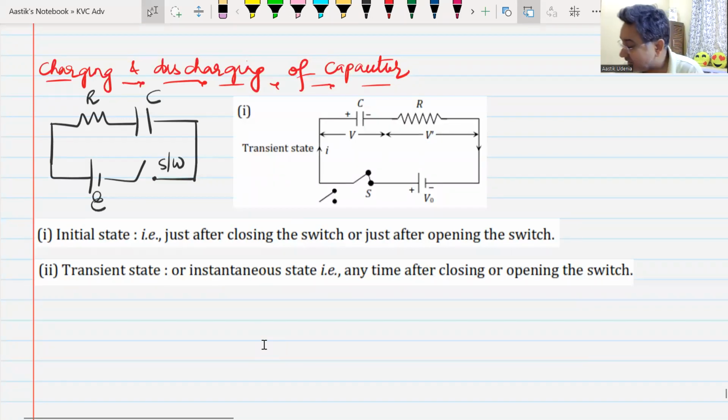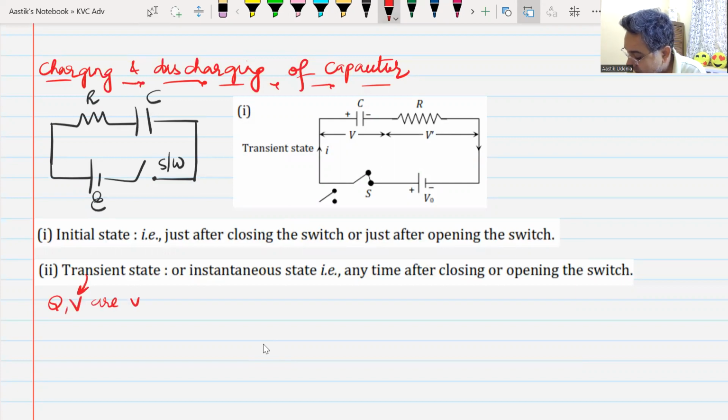In a transient state, what is going to happen is Q, V are variable. The charge of the capacitor starts to get charged, but at any time the charge on the capacitor is not constant. It keeps on changing. Do we understand this?